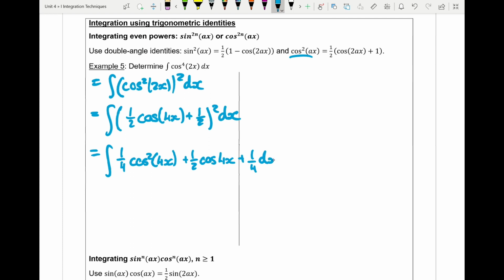All right, but we still have a square term here that we want to get rid of. So what we're going to do is apply the identity again. So we get a quarter of a half cosine of 8x plus a half, and then we still get what we had.